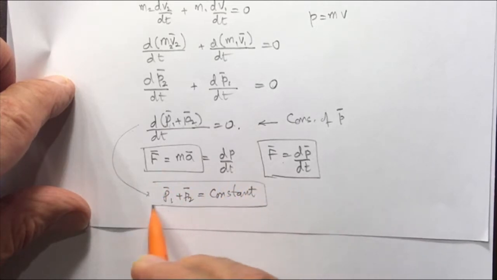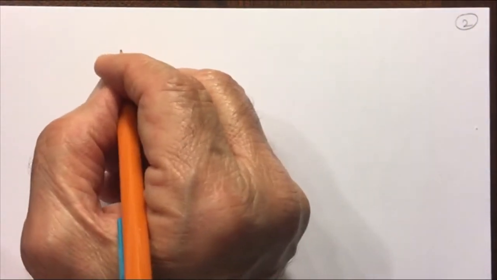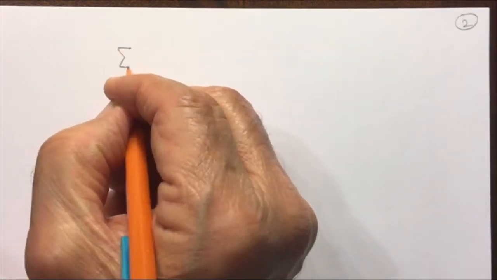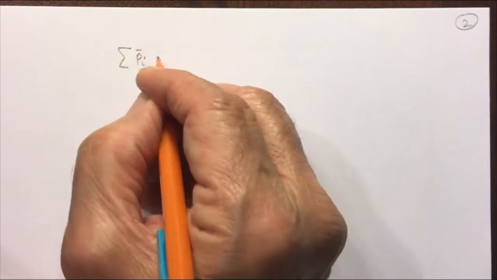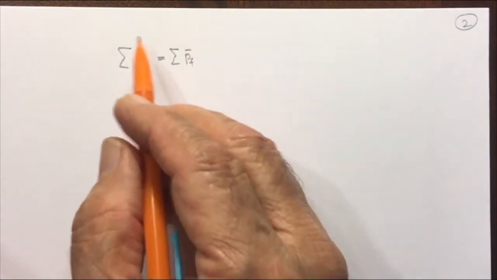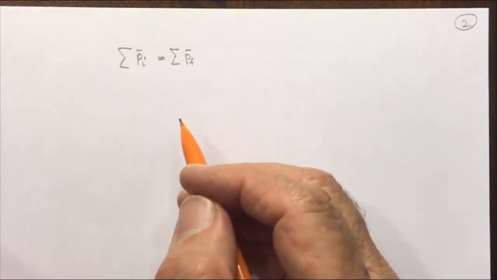And we'll use this for solving our problems. So by saying that the momenta before is equal to the momenta afterwards, we would say that the sum of the momenta initial is the sum of the momenta final. So if we bring this on the other side, the difference would become zero.